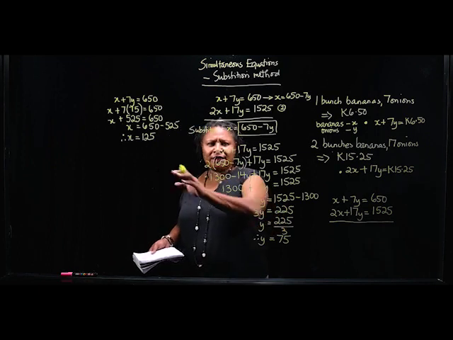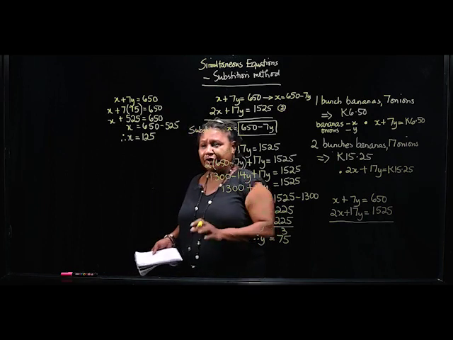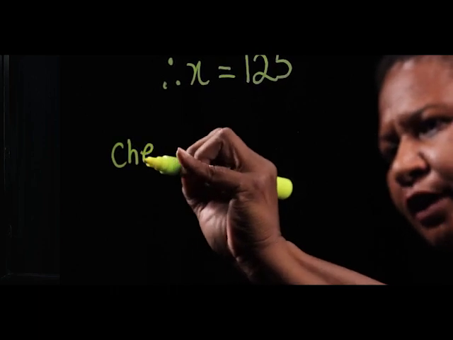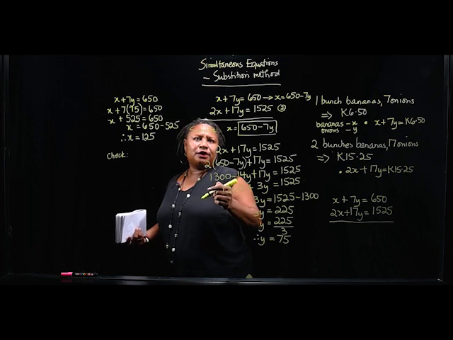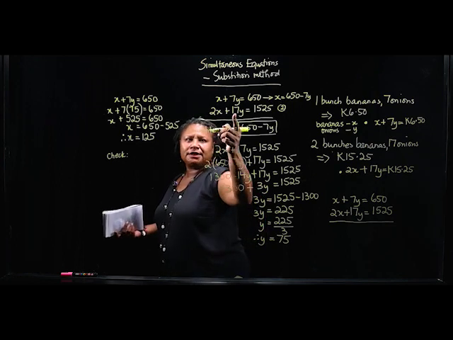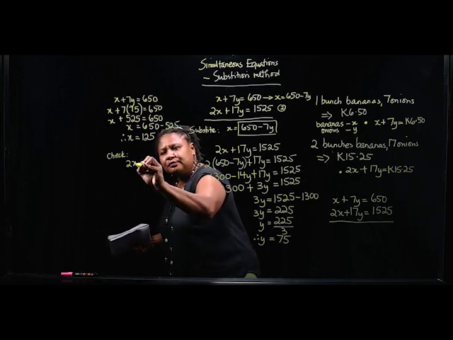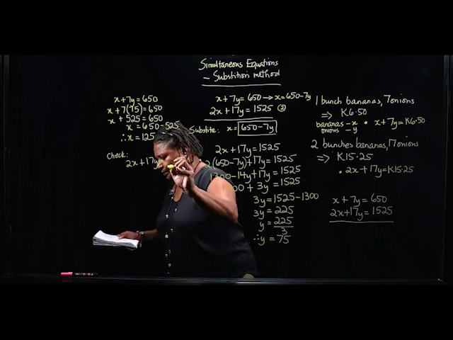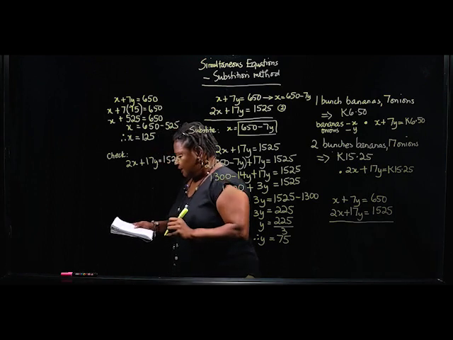Now, once we have found the values of both variables, it's very important that you check your answers. Always check your answers. So let's use the second equation, 2x plus 17y equal to 1,525.